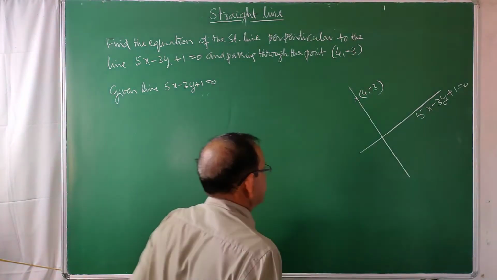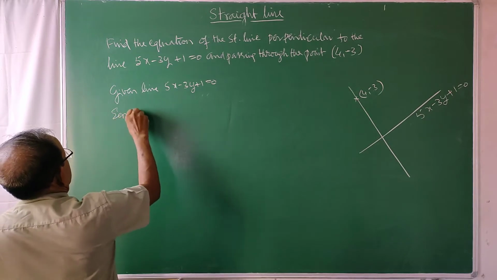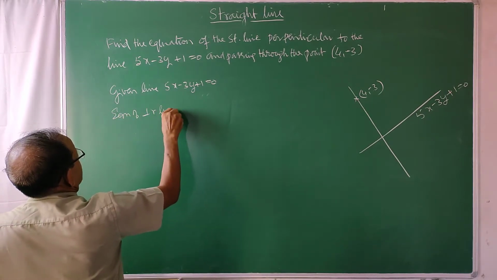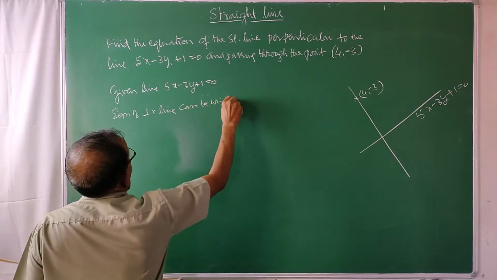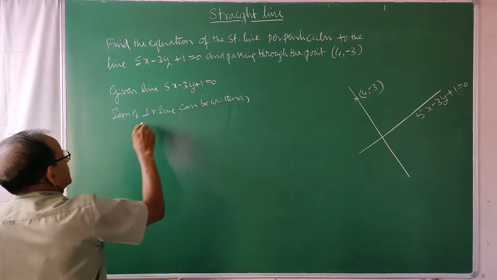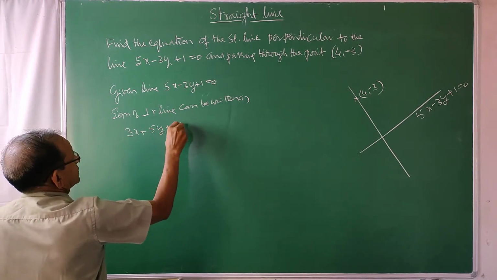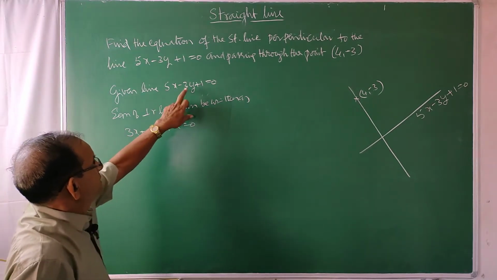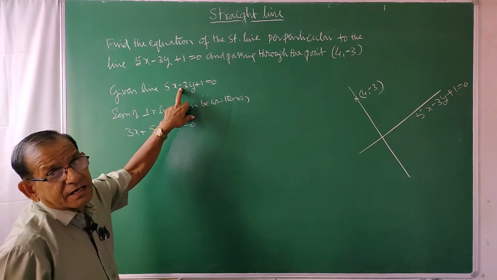Now let us take the equation of perpendicular line as 3x plus 5y plus k is equal to 0. You have to interchange the coefficients of x and y first, and later you have to change the sign of y.